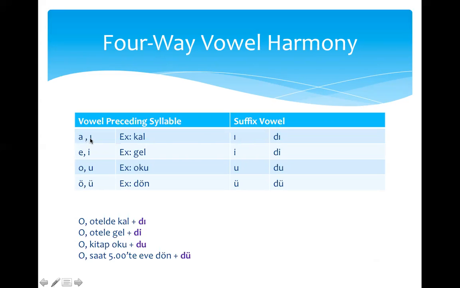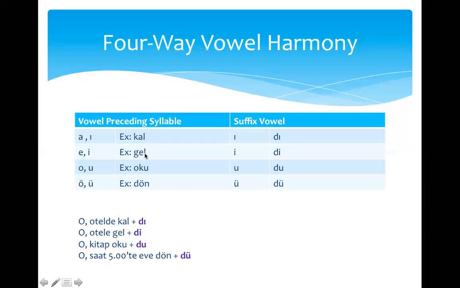So a or ı in the word, and ı is going to be in the suffix. Since d, the past tense suffix, is an I-type suffix, this is going to be dı. Kaldı. In the second row, we have an example of a verb, again containing the vowel e, gel.